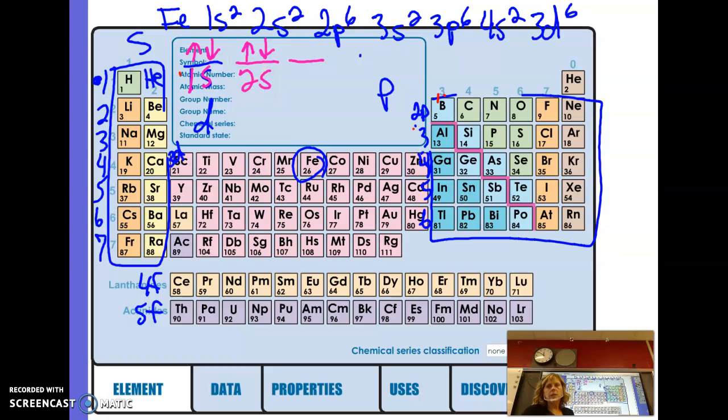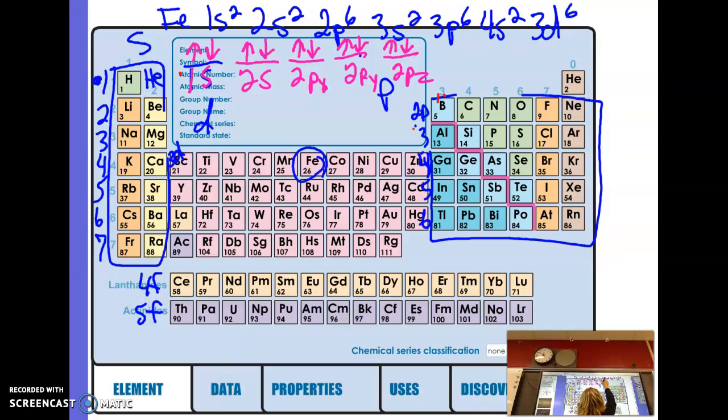Now I have to split apart my 2p sublevel into 2px, 2py, 2pz, and I have to have 1 electron in each of these orbitals before I can put a second one in any. So 1, 2, 3, 4, 5, 6. That's the order we want to fill them.